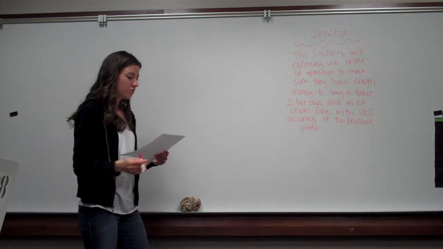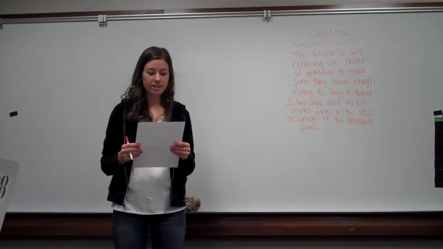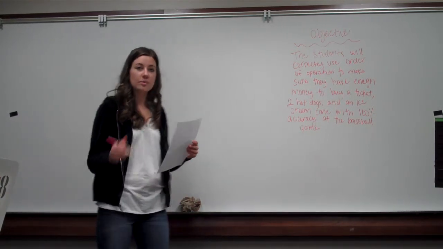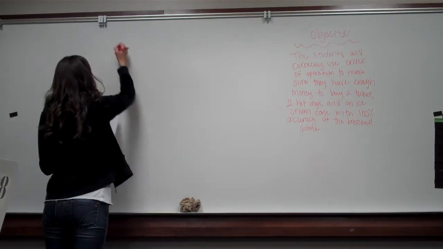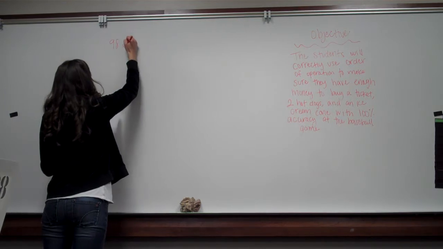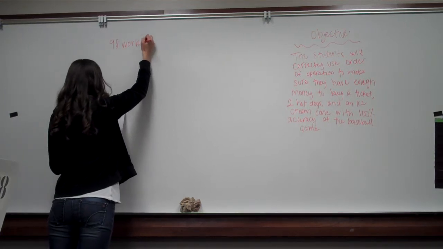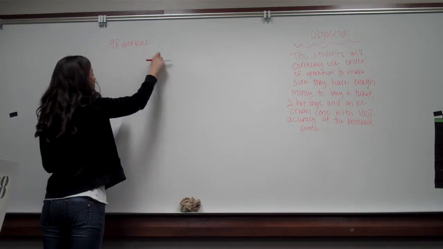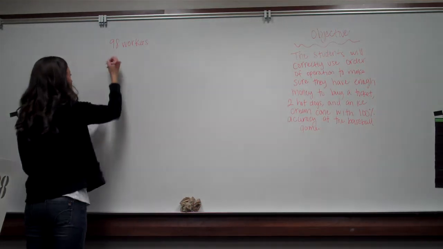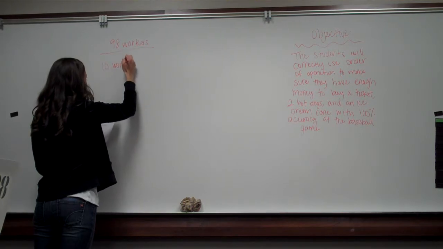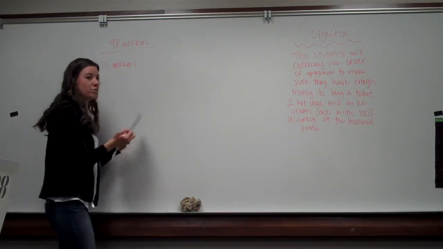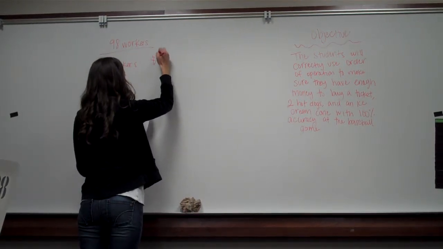Okay, so there is a certain small factory that employs 98 workers. I'm going to write down the numbers as we go so you won't forget them. There are 98 workers. That's a total number. Of these, there are 10 workers who make a wage of $150 per day.